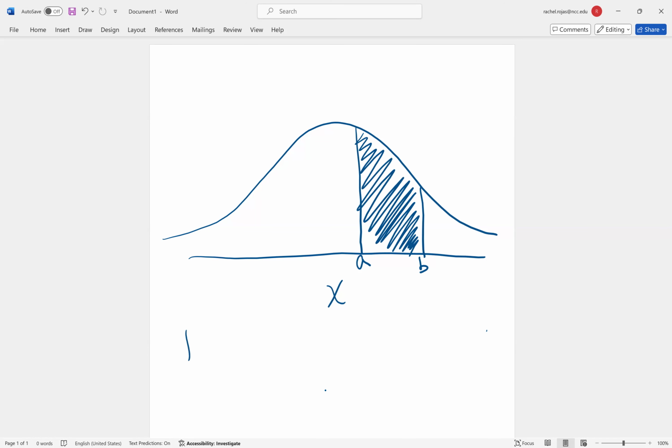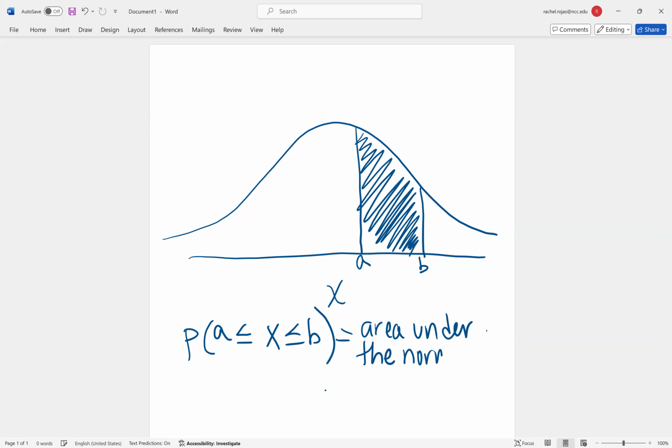That's how I'd write it using math notation: x is less than or equal to B, but greater than or equal to A. We said in the last video that this would just be equal to the area under the normal curve. So whatever this area is under this normal density curve, that would be equal to the probability.